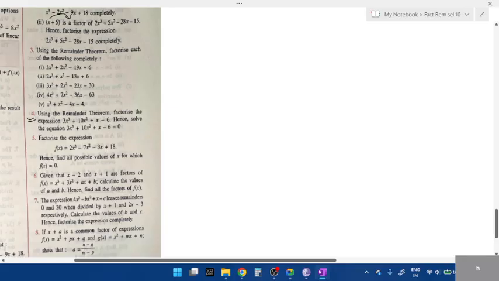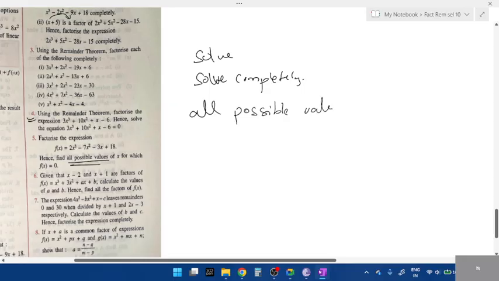Use hit and trial method. And one more thing. These are the words: solve when they give solve twice, or solve completely. Okay. Then what's the other word given here? All possible values. All possible values. All this is a remainder theorem concept. You have to use division method.